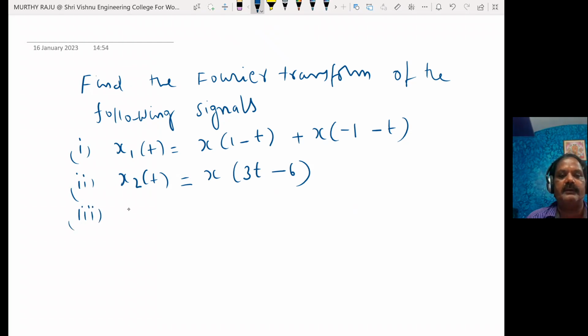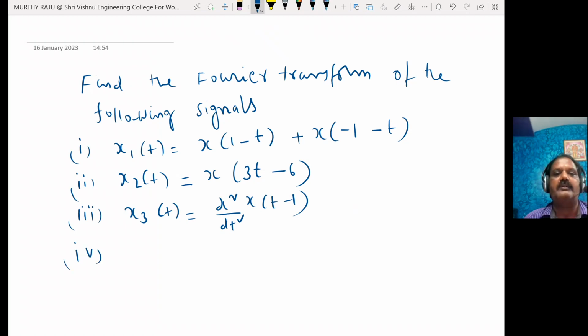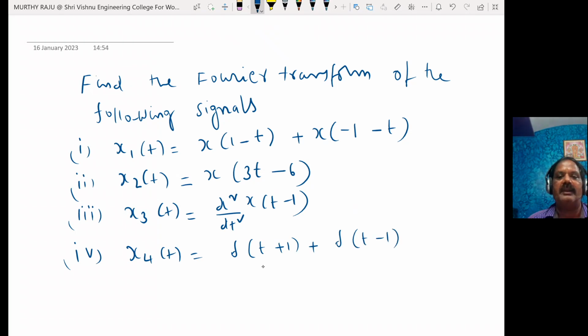Third one, x3 of t is equal to d square by dt square of x of t minus 1. Fourth one is x4 of t is equal to delta of t plus 1 plus delta of t minus 1.